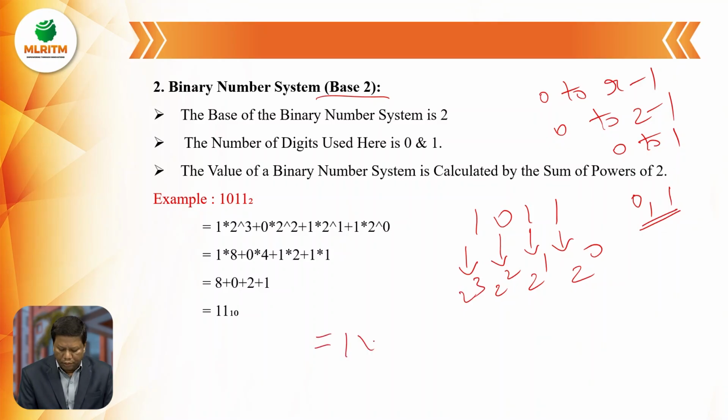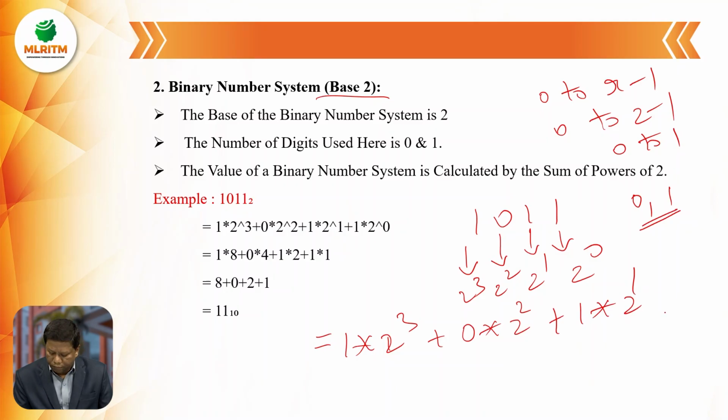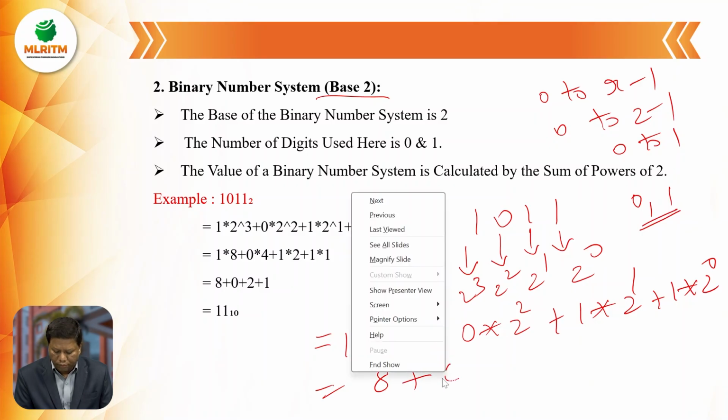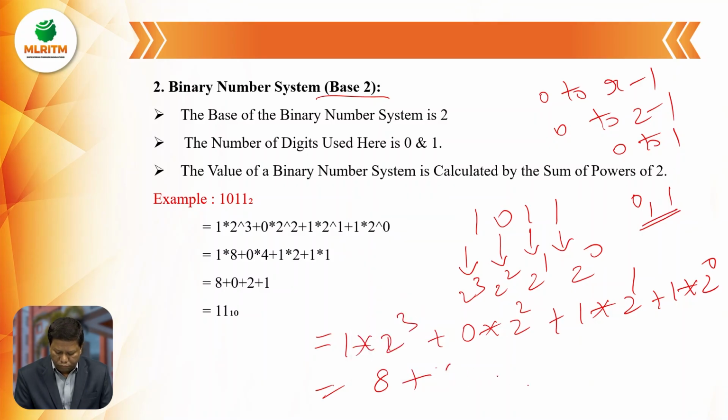Multiply as 1 into 2 cube plus 0 into 2 square plus 1 into 2 power 1 plus 1 into 2 power 0. 1 into 2 cube gives 8, plus 0 into anything gives 0, plus 1 into 2 power 1 is 2, plus 1 into 2 power 0 is 1.